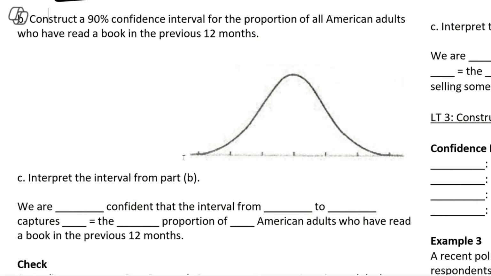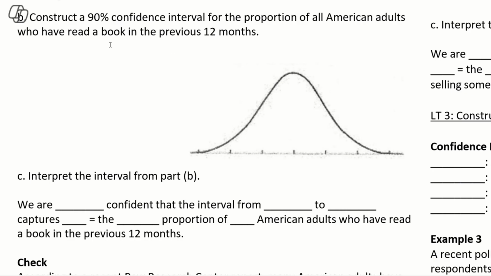So now let's construct a 90% confidence interval. So we're going to use the p hat, which is 0.73, plus or minus the z star, which is 1.645. Then we're going to use the standard error formula, which is the square root of p hat times 1 minus p hat over n.